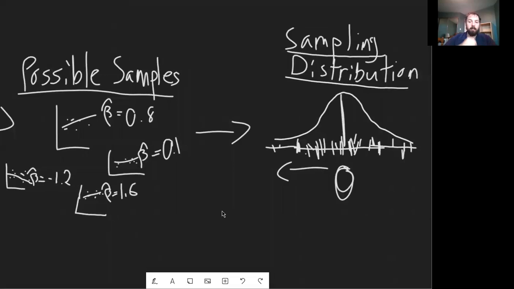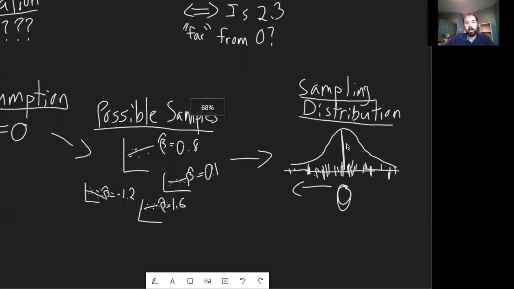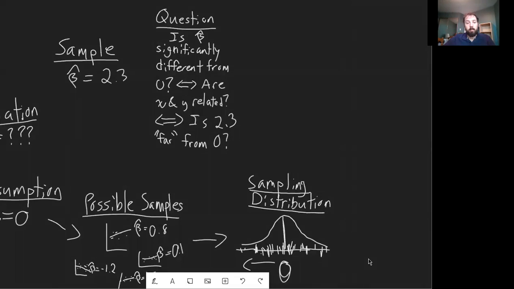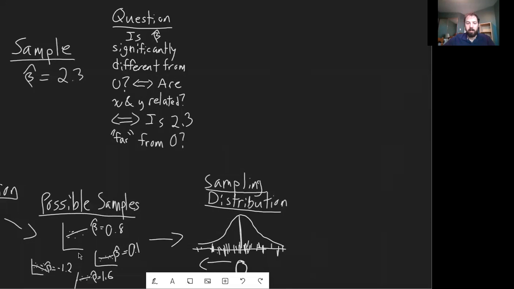I realize you can't even see the word. A sampling distribution tells us the distribution of all possible sample values under the assumption that our hypothesized slope is correct. So let's tie this back in to our question. Is 2.3 far from zero? I'm just gonna move that there.